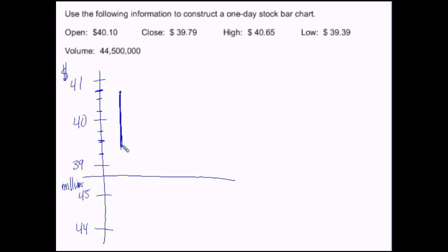Open is on the left, close is on the right. Our open is at 40.10. Here's 40 and 40.25, so in between there, 40.10-ish. And then our close was at 39.79. So here's 39.75, so just a little bit above there.